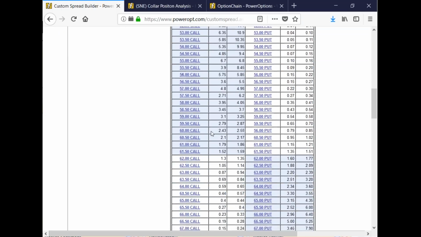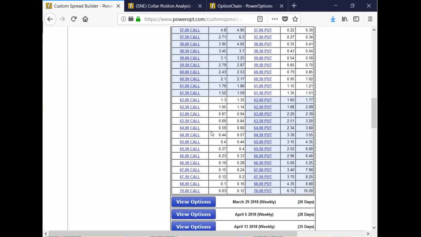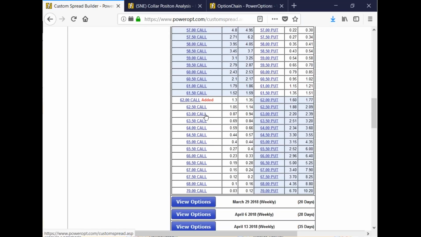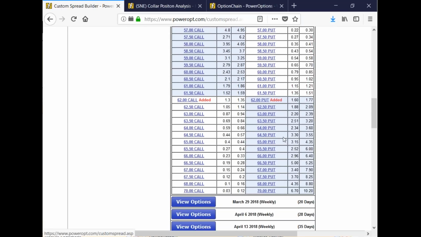What's a synthetic long stock that would give me a synthetic long call? Well, it's the same in the sense that I can buy the 62 call. Strike that. I can buy the 62 call. I can sell the 62 put. So that's a synthetic long stock.